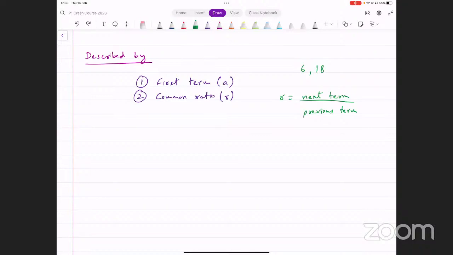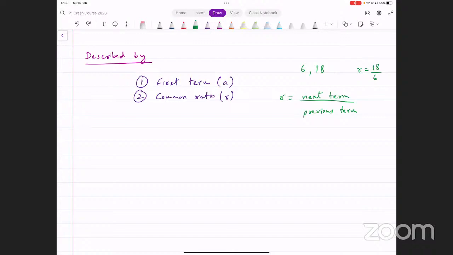So in this case, your ratio is going to be 18/6. All right. So 18 comes in the numerator, the number that's coming afterwards, and the number that comes before comes in the denominator. So this is how ratio is defined.